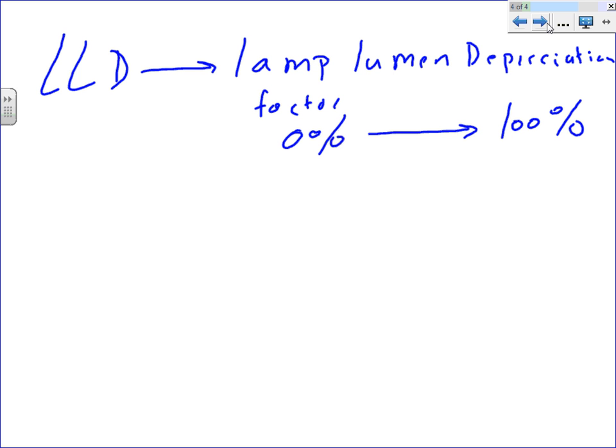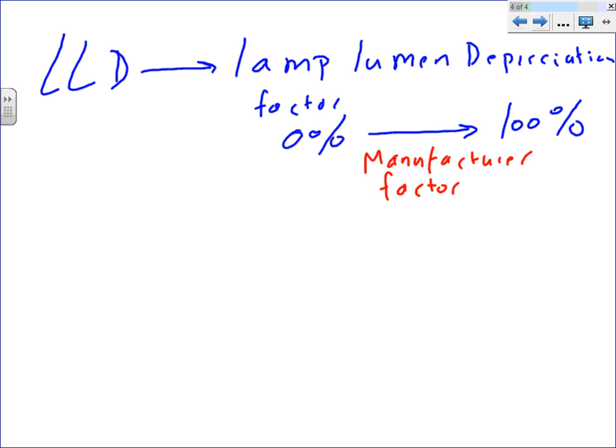So this guy can give you 3,000 lumens day one when I power it. Five years from now, do you expect that lamp to give you the same 3,000 lumens? You would hope not. I mean, physics will work. So that's basically, I always say, a manufacturer factor or product factor.